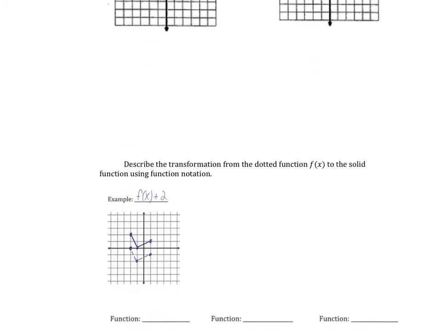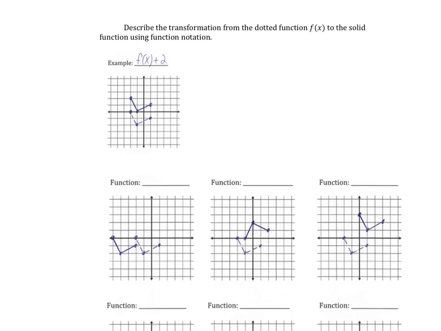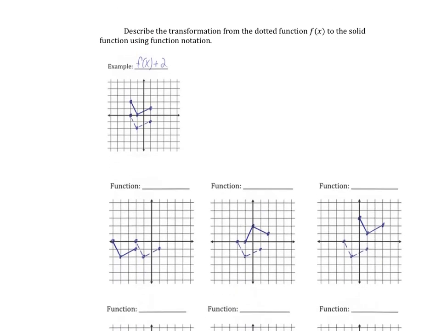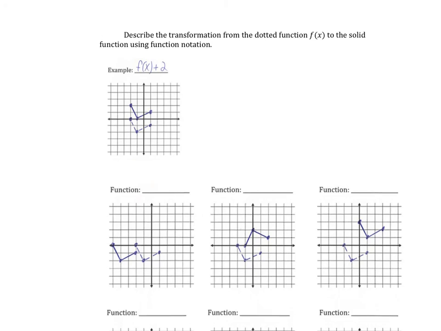And I just want to do one example from the last page. It says describe the transformation from the dotted function f of x to the solid function using function notation. Okay, so basically we're doing the reverse. Here I'm giving you the transformations and I want you to write what the equation would be in terms of f of x. So if we look at this function here, the dotted one, right here, that's our f of x.